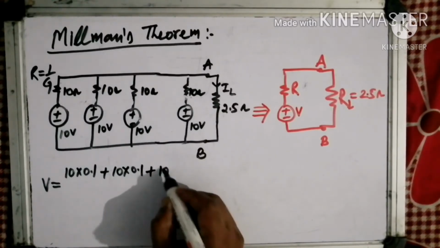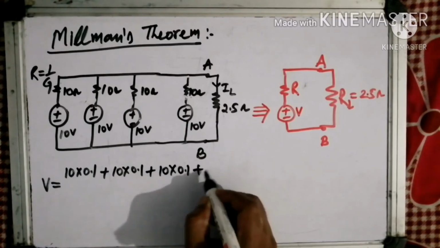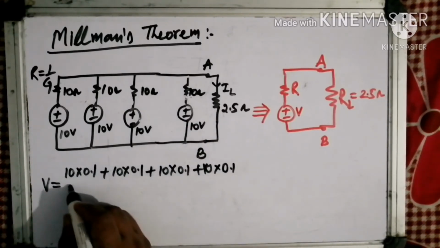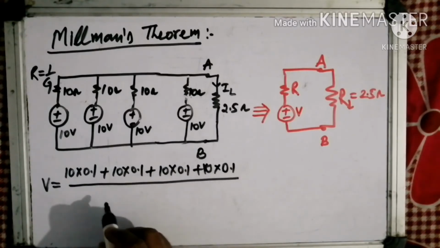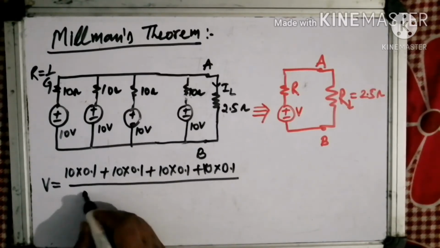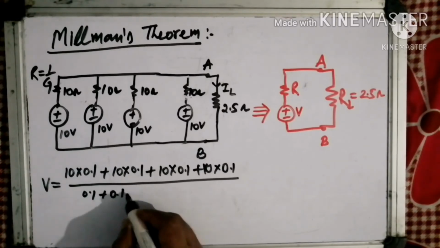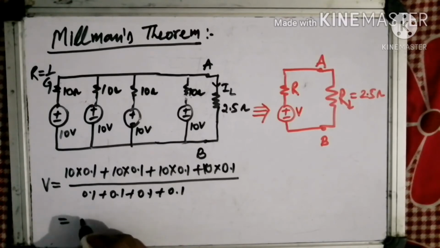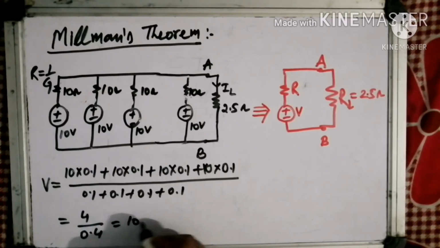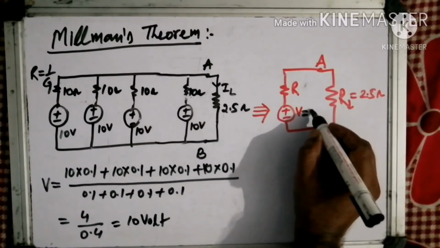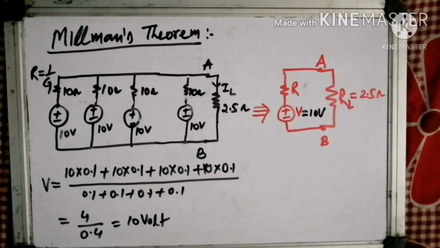See, 10 into 0.1 plus 10 into 0.1, right? Now here G1 plus G2 plus G3 plus G4, so it is 0.1 plus 0.1 plus 0.1 plus 0.1. It becomes 4 divided by 0.4, which is nothing but 10 volt. So the value of this B is 10 volt.